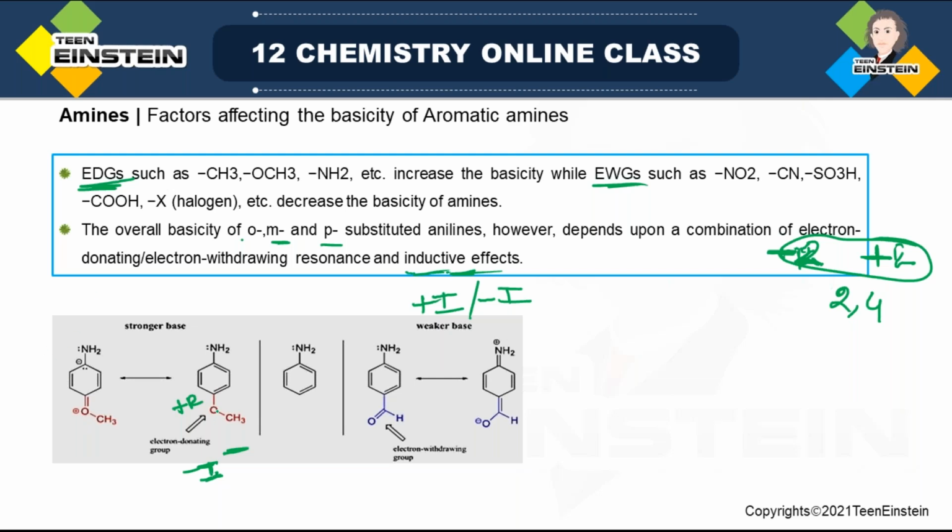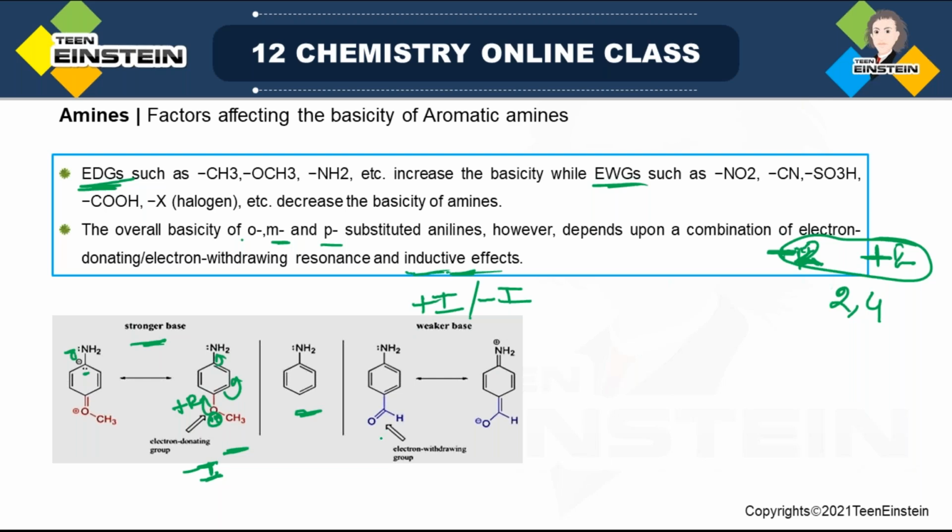Here this lone pair is donated, and as a result electron availability at this position is increased, which will further increase the electron availability over nitrogen. So it is more basic now. So para-methoxyaniline is a stronger base compared to when there is no substitution.